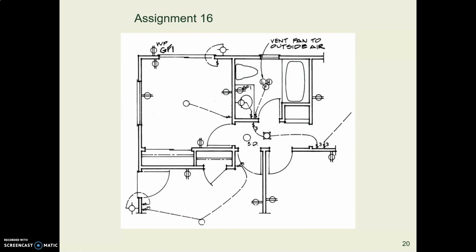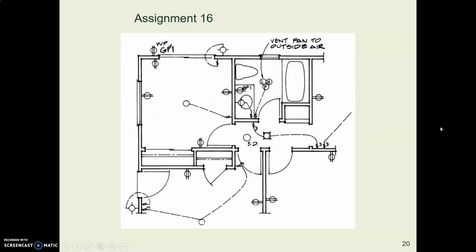For this assignment, assignment 16, I have given you 2 floor plans, or 2 partial floor plans. I drew them already, so we've got them. You don't have to draw all these walls and doors and things. All you have to do is add the circles for the fixture and the receptacle, and the dashed curvy lines for the wires, and any notes that need to be added.